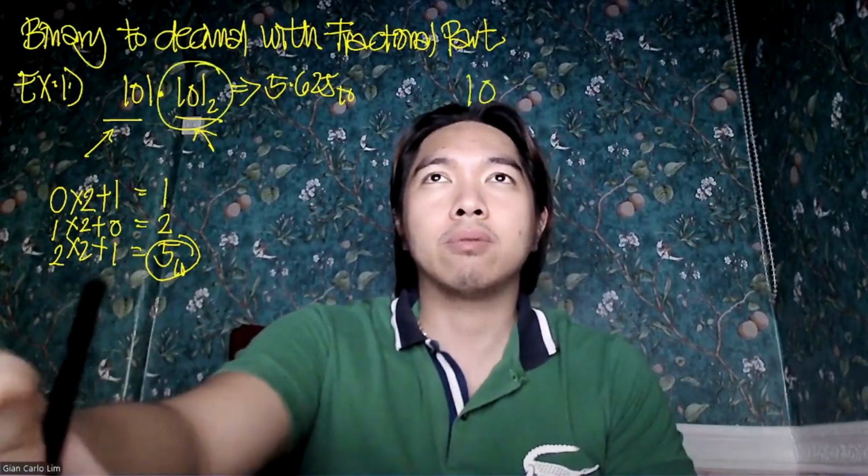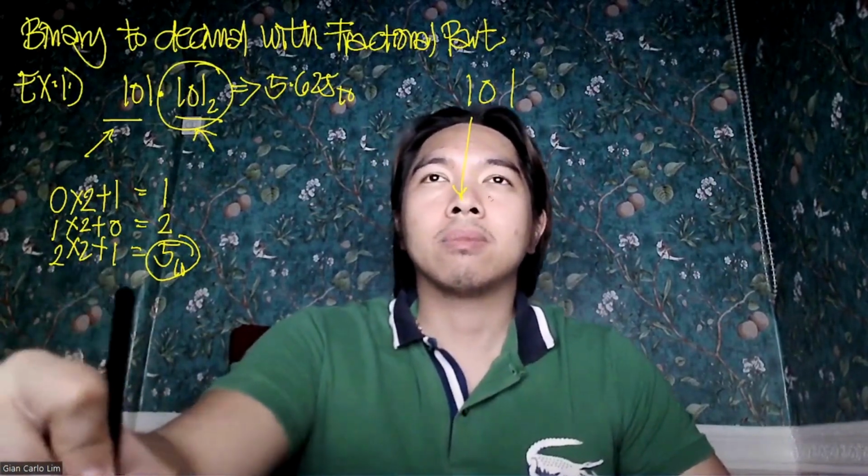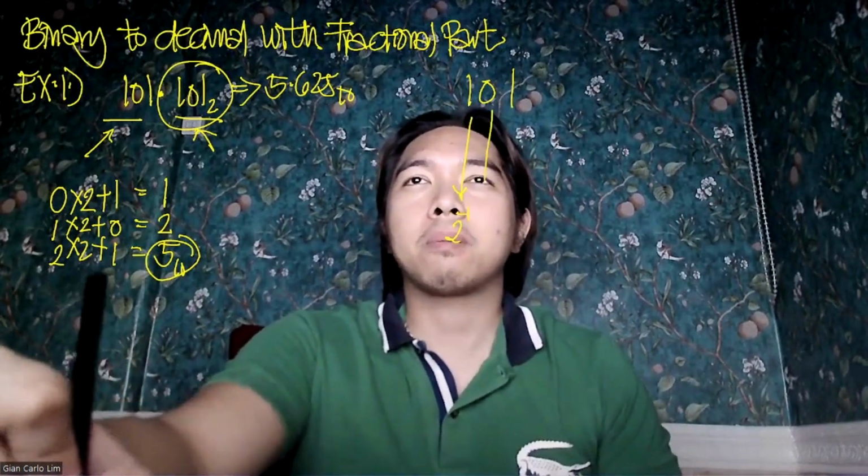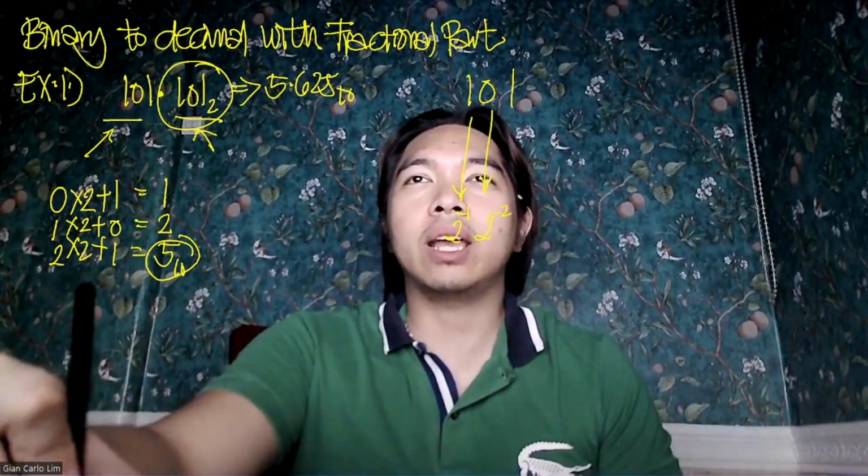So how do we do the fractional part, 101? Okay, sa fractional part, ang gagawin natin is we will interpret that as base 2 exponents. So, let's take this 101. Ito ay 2 raised to negative 1. Ito ay 2 raised to negative 2.